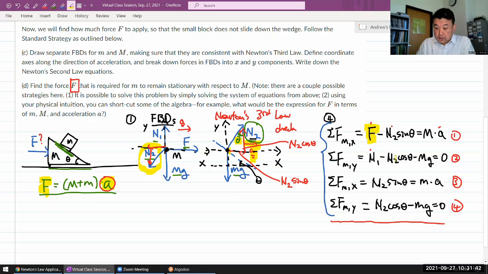So I see here, this is one of the equations that has acceleration. So I think I am going to solve for acceleration here and plan to plug it in there. Yeah? And so then I'm going to have N2 as an unknown. And even though I do see N2 here, this equation is not going to be useful because it has another unknown, N1.